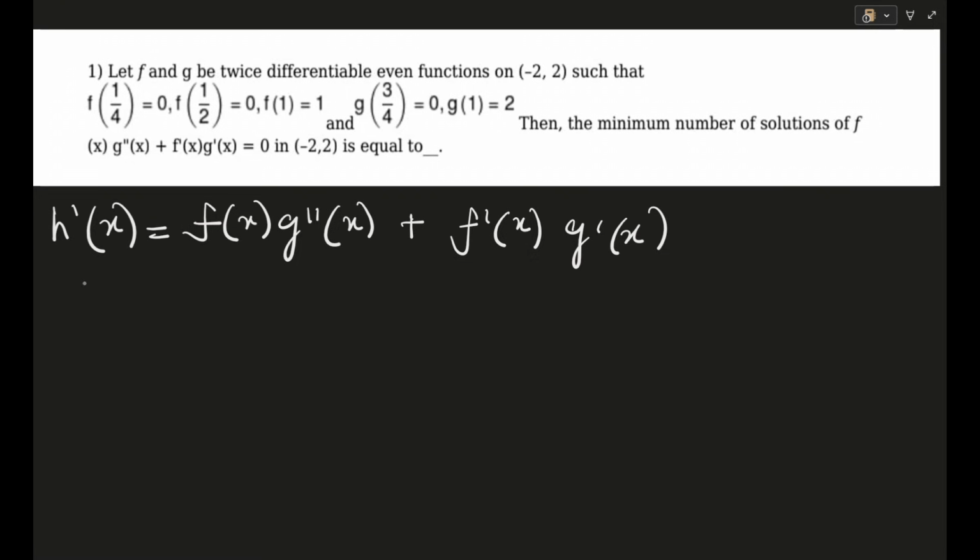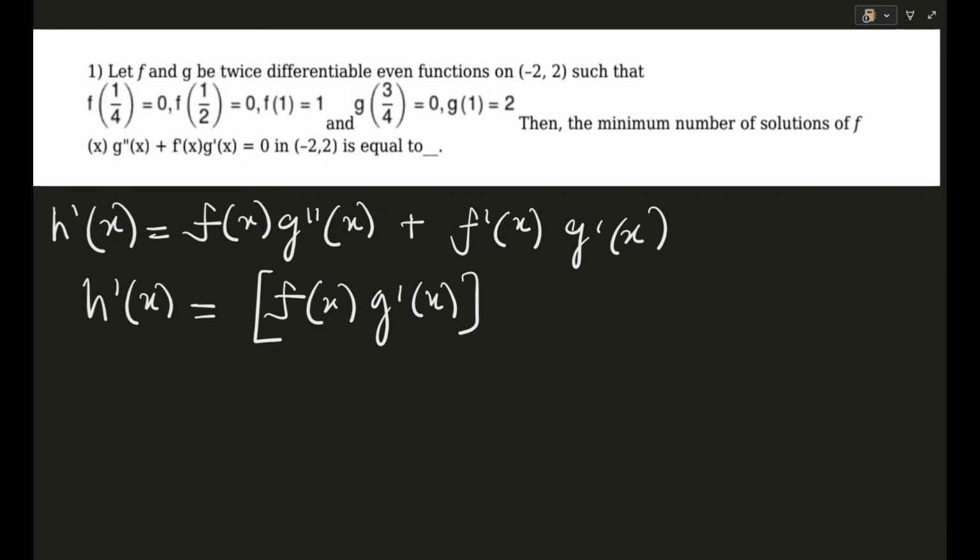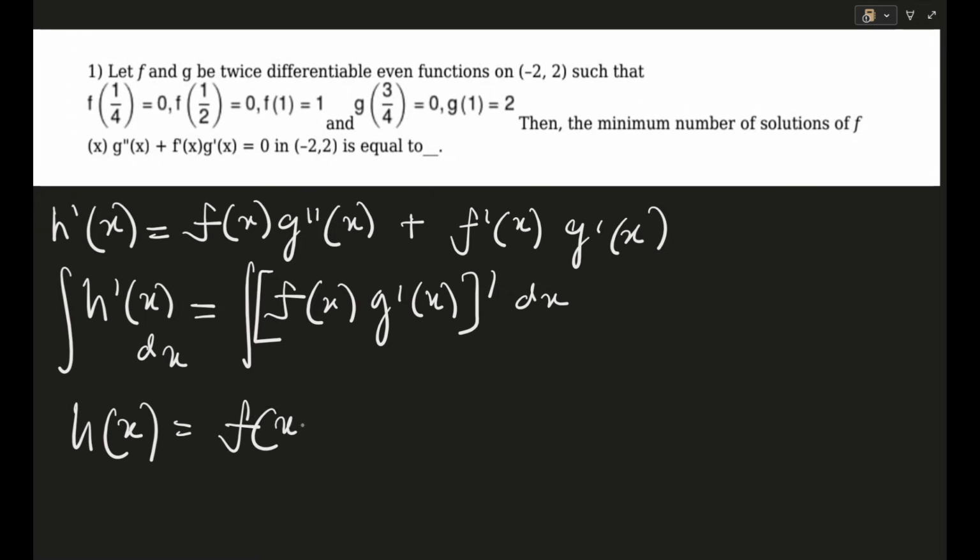If you observe carefully, this is nothing but f of x into g dash x whole dash. So we will integrate both sides with respect to dx, and you will get h of x as f of x into g dash x.